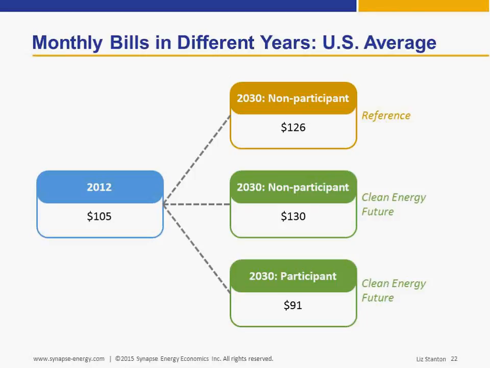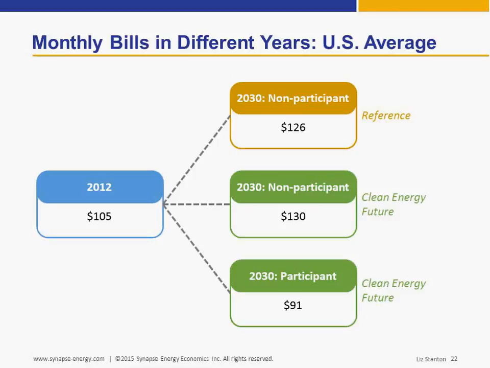Here you can see that in our modeling, this is just U.S. nationwide, and the average is what I'm showing here. In 2012, there was an average residential bill of $105. In 2030, in our reference case, we don't have people doing additional energy efficiency measures, so everybody is a non-participant, and the bills are $126.